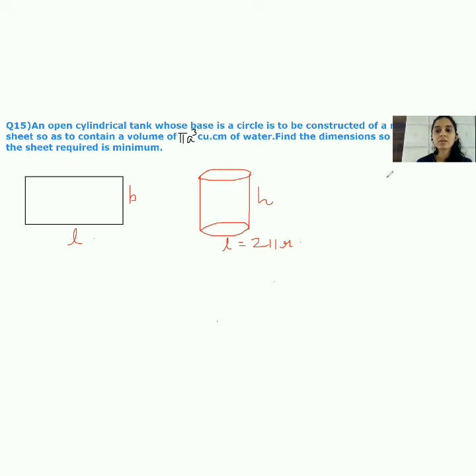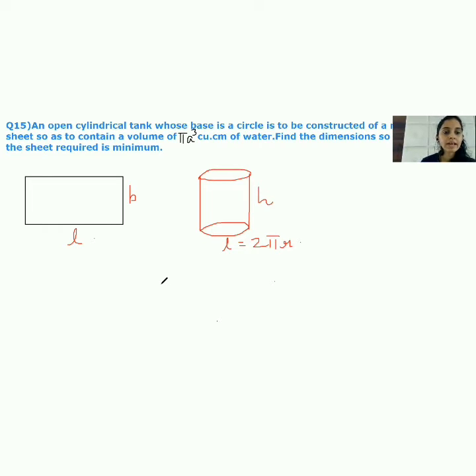So let us say that a rectangular sheet is required to make this cylinder. If we have a rectangular sheet that is to be folded into a cylinder, how would we do this?